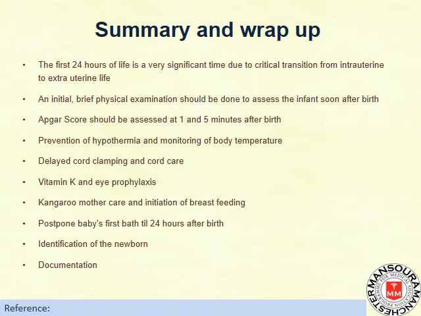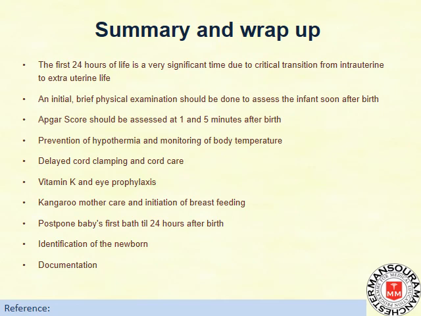So in summary, the first 24 hours of life is a very significant time due to the critical transition from intrauterine to extrauterine life. An initial brief physical examination should be done to assess the infant soon after birth. Apgar score should be assessed at 1 and 5 minutes after birth. Prevention of hypothermia and monitoring of the baby is a very important step in care of the baby after birth.